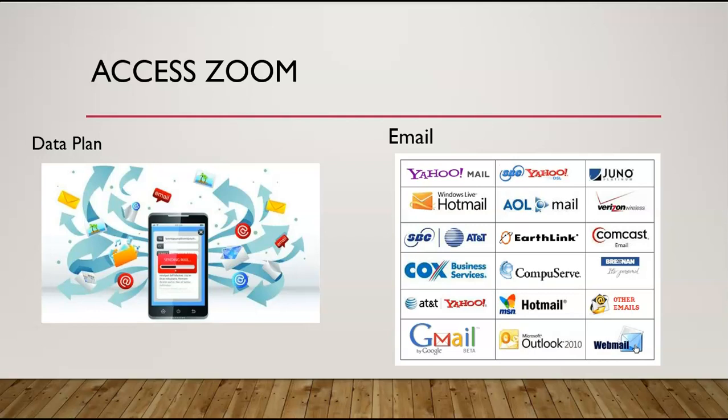And you need a data plan and email. When you tell them a data plan, they look at you like, really? What? A data plan? So you say, yeah, and you try to let them understand what the data plans are. And then next is the email, where you can have the Zoom link sent.